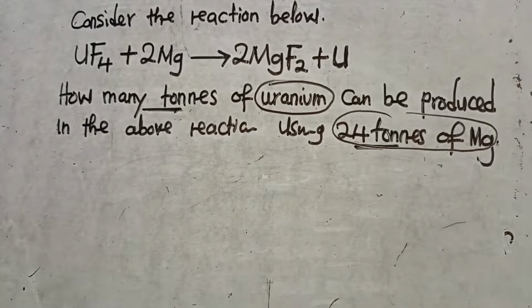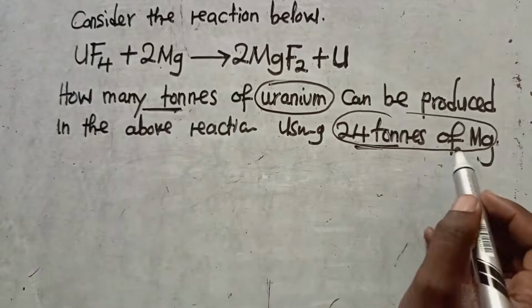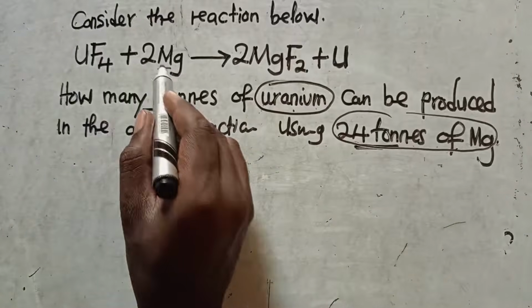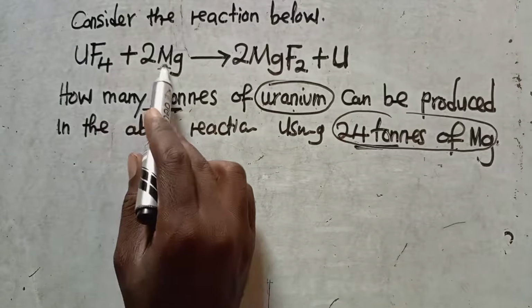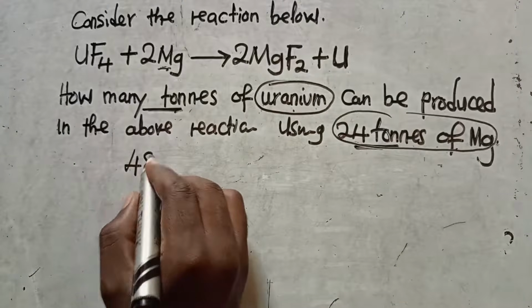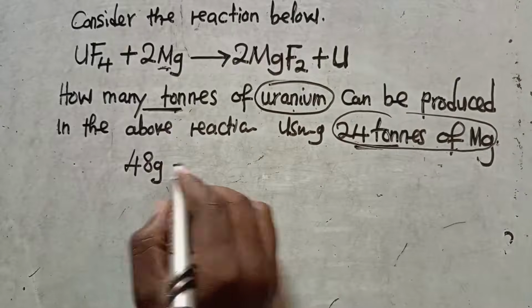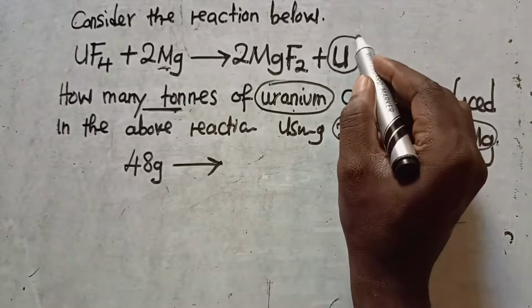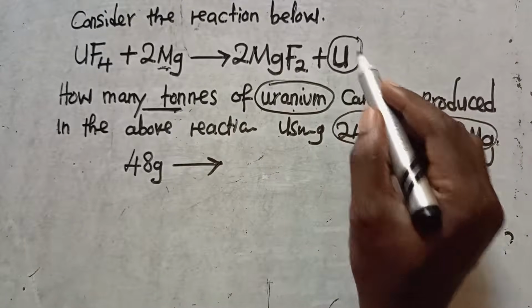So magnesium is here. We are comparing magnesium and uranium. Magnesium is 24, but because of the 2 that is there, we are going to say 24 times 2, which gives 48 grams. Then we equate to what we want to find, the uranium. There is no number there.